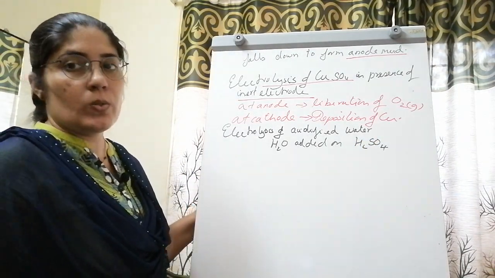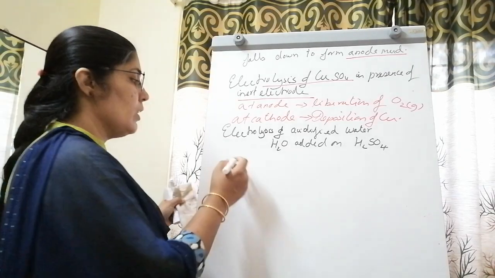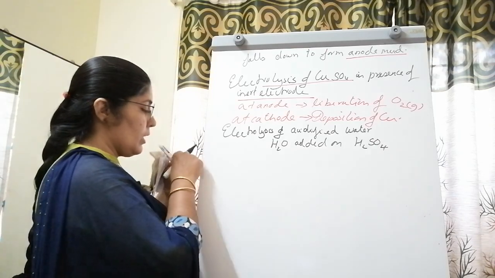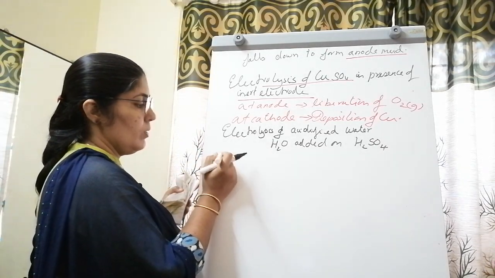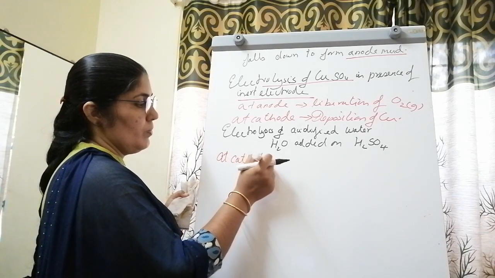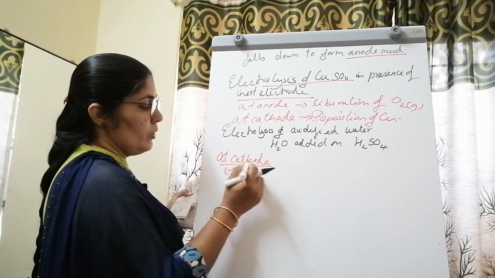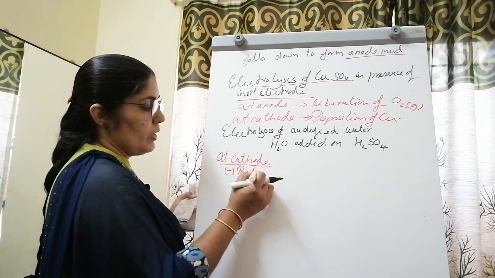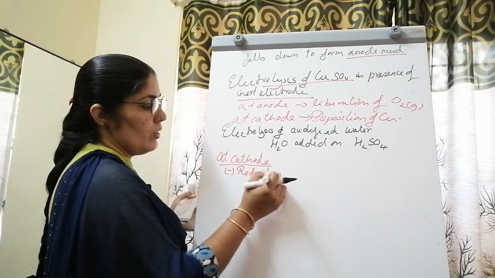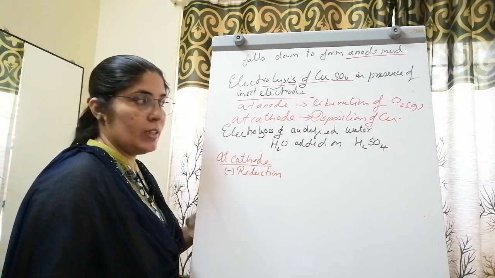In this case, what is going to take place? Again, the same way, when we come to the cathode, at the cathode you will have a negative value, and here reduction will always be taking place.